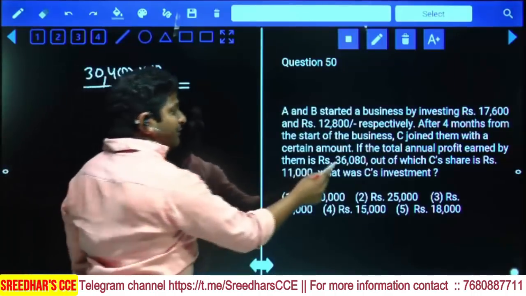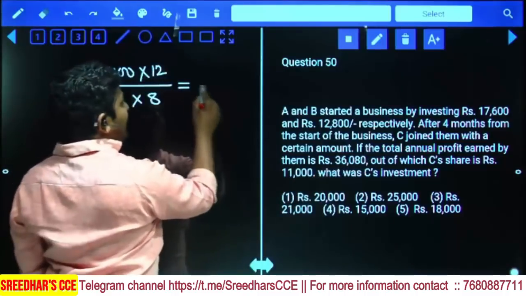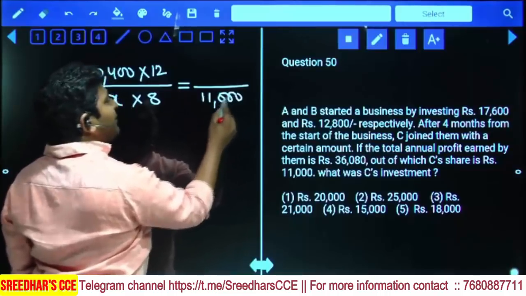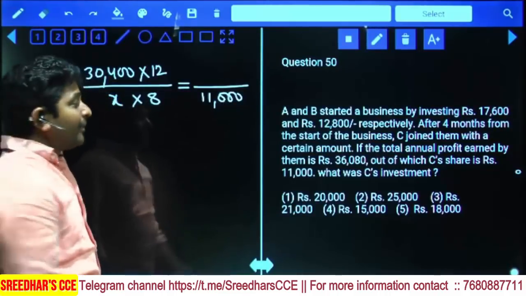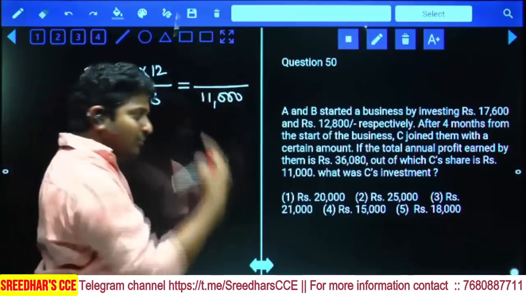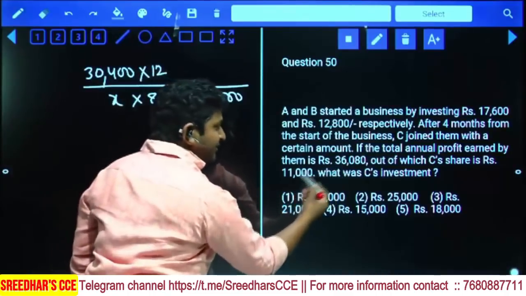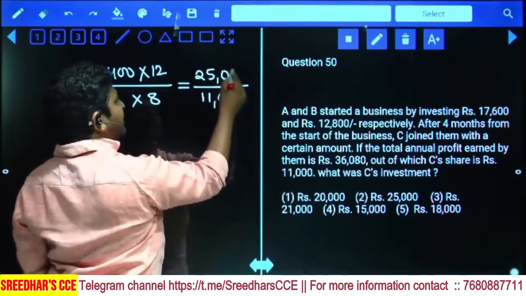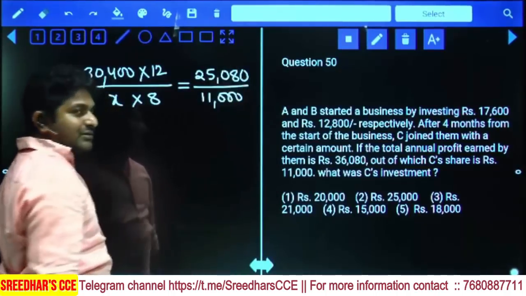Out of the total profit 36,080, C alone is getting 11,000, so the profit of C will be in the denominator, and the profit of A and B together will be in the numerator. A and B together means the difference of these two numbers, that is equal to 25,080 rupees.